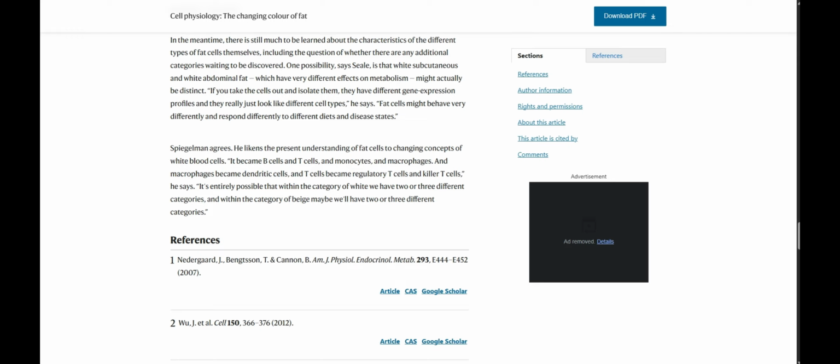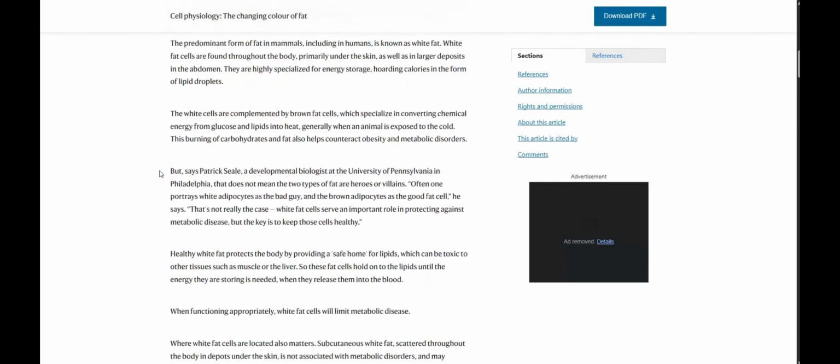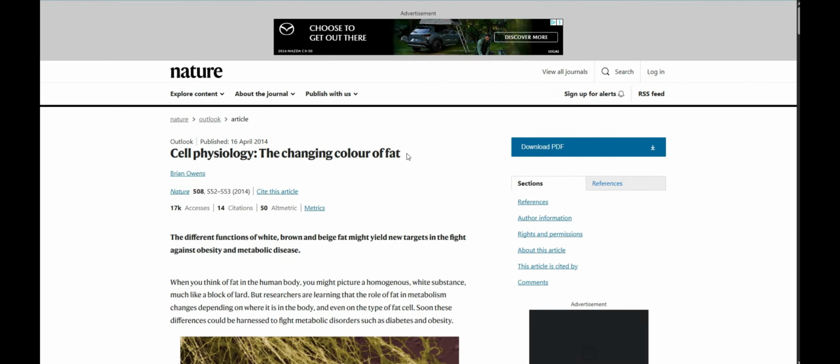It becomes B cells and T cells and monocytes, and macrophages become dendritic cells, and T cells become regulatory T cells and killer T cells. He says it's entirely possible that within the category of white, we have 2 or 3 different categories, and within the category beige, maybe we'll have 2 or 3 different categories. Yep, checks out. References. So if you want to read this article again, Cell Physiology, the changing color of fat.